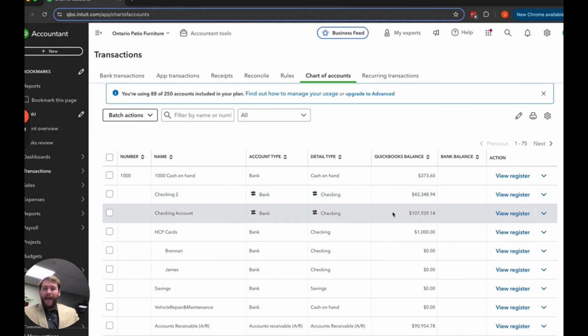A working capital loan will, yes, increase your liabilities. You've got to pay that money back at some point, but it will also increase the money in your checking account to give you physical cash to work with over the next few years.